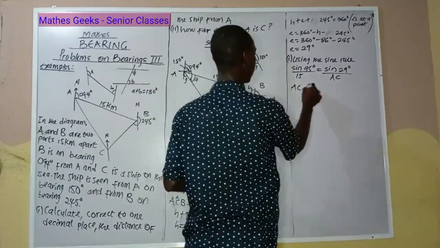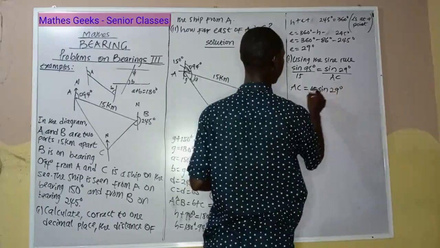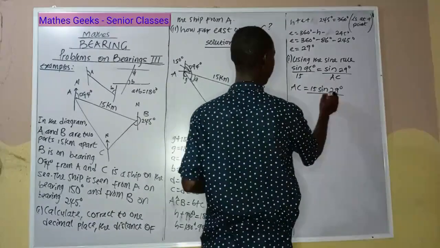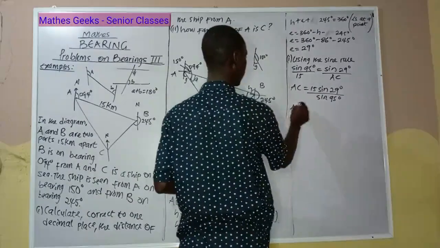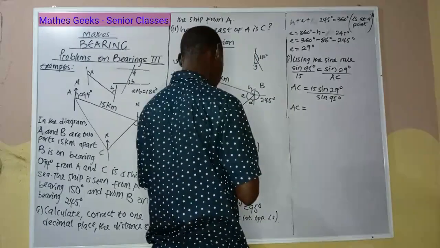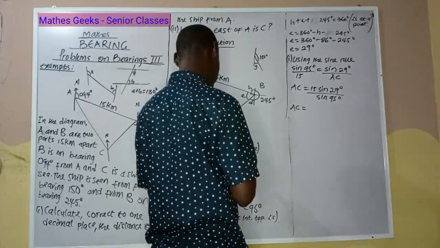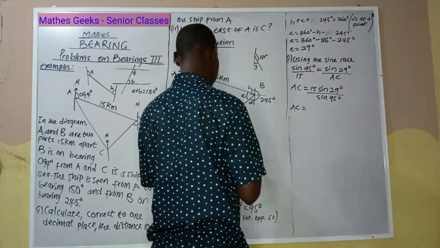So AC is equal to 15 sine 29 degrees over sine 95 degrees. So AC is equal to 15 sine 29 divided by sine 95.